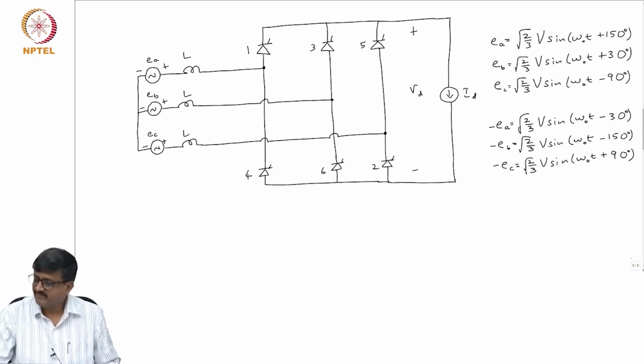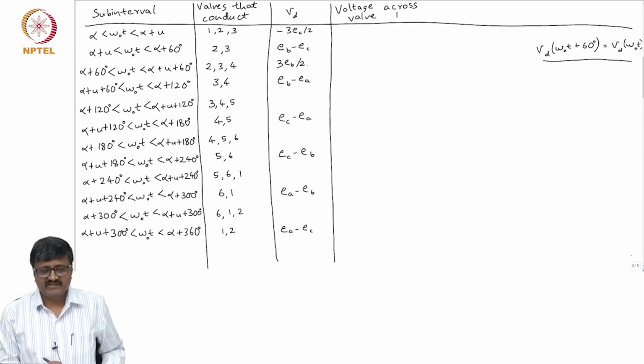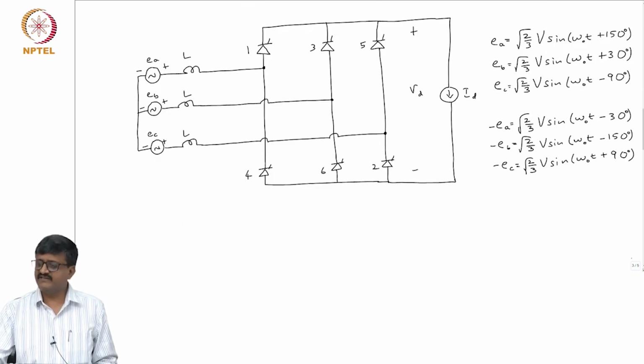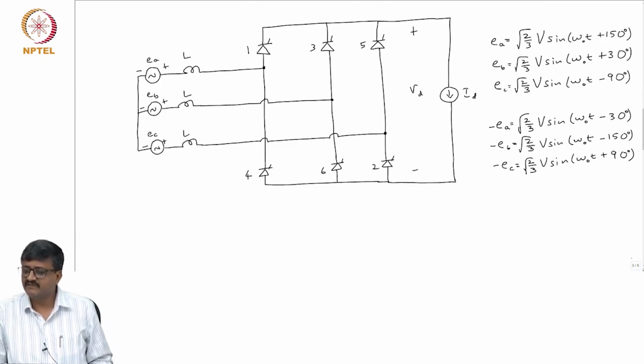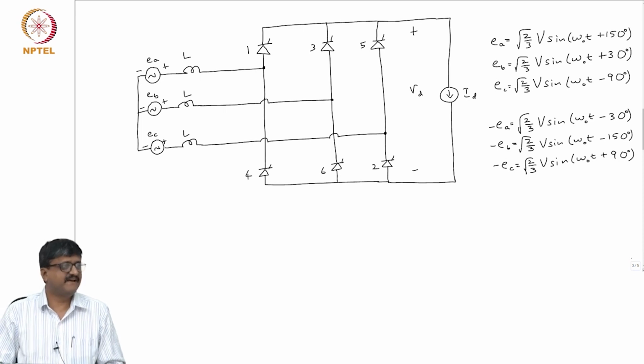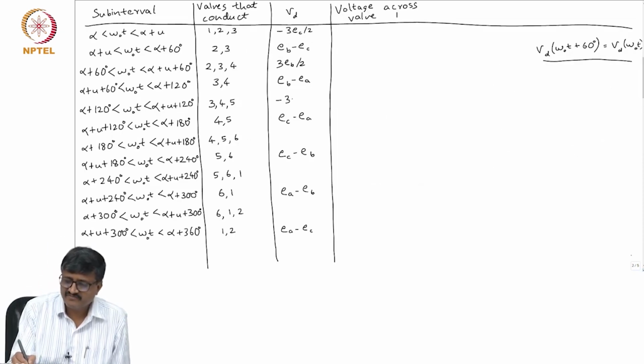EB. So, this expression will be 3 EB by 2. Is that okay? Then in the fifth subinterval, I have to take a waveform which lags EB by 60 degrees. EB is at 30 degrees, so something which lags EB by 60 degrees is minus EA. So, it is minus 3 EA by 2.